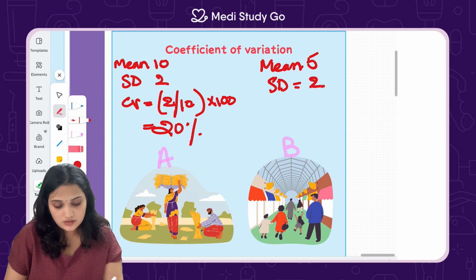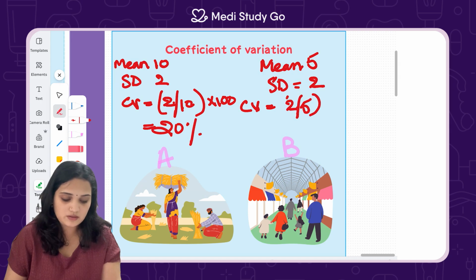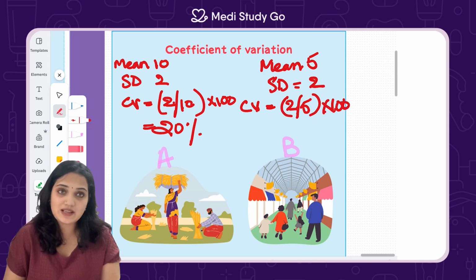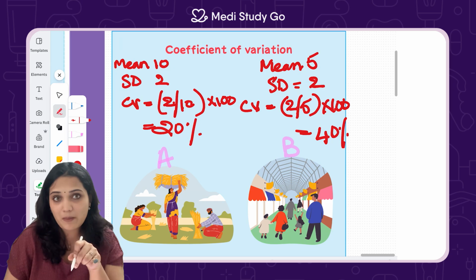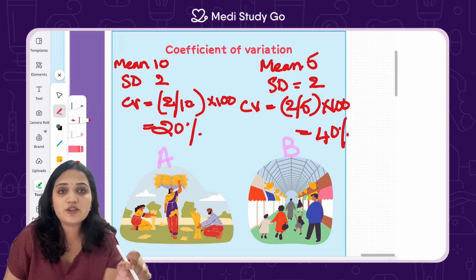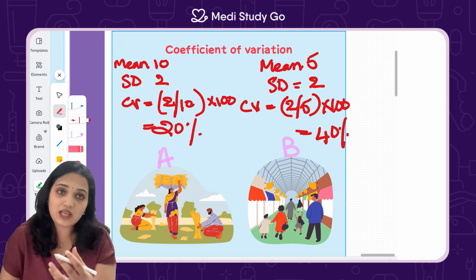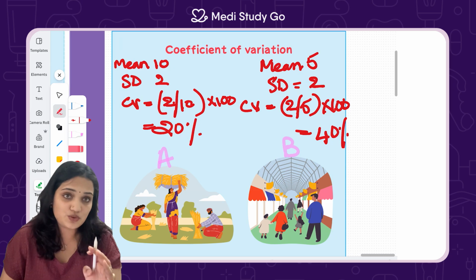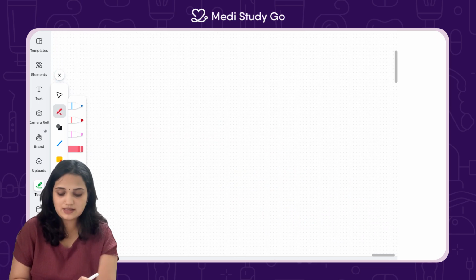Again, the coefficient of variation would be 2 divided by 5 into 100, which gives us 40%. Even though the standard deviation is the same over here, did you notice both groups have a standard deviation of 2? Group B has more variation relative to its mean. Is that understood?